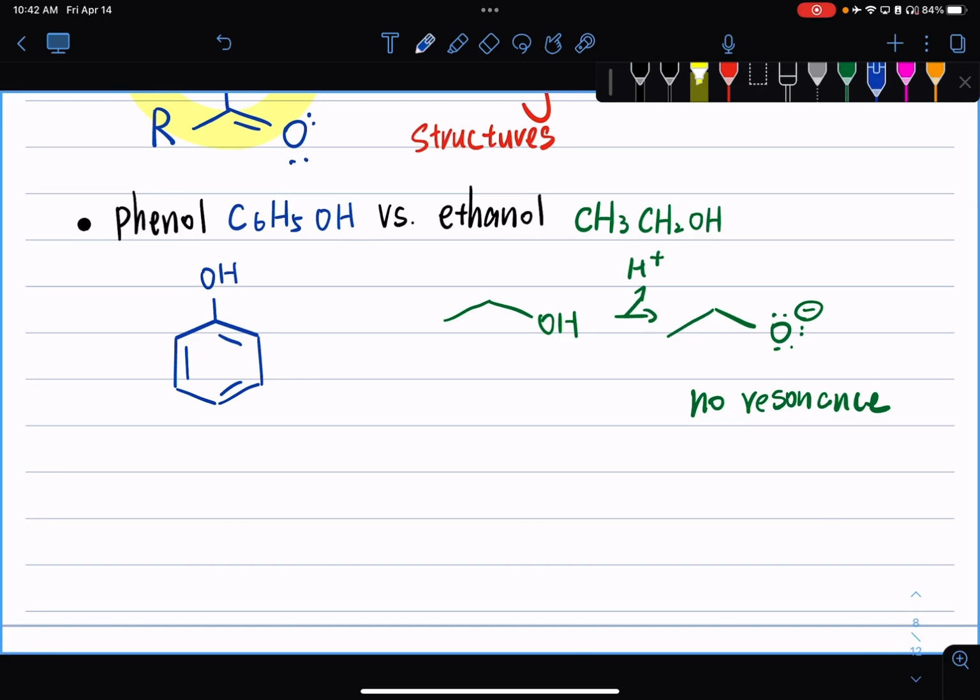Alternatively, on the phenol end, after deprotonating, what we end up with is this one, with a negative charge on the oxygen. And here we actually have all kinds of different ways to stabilize that negative charge throughout my benzene ring.